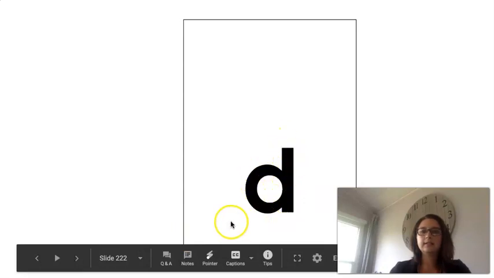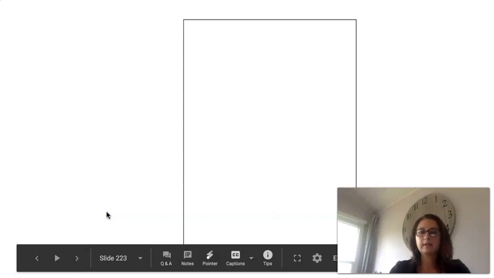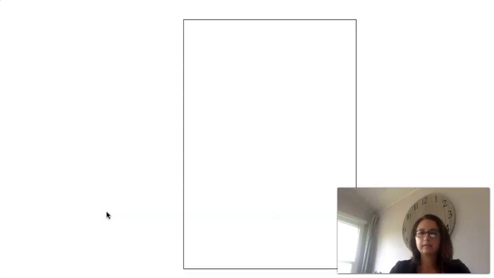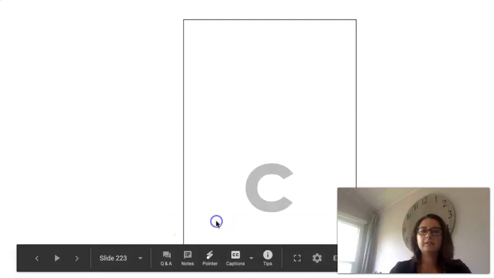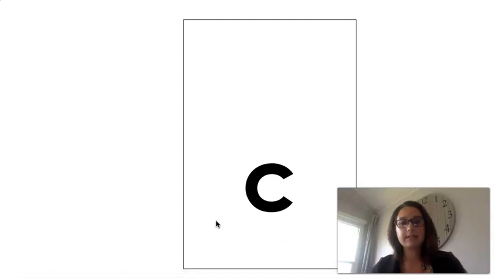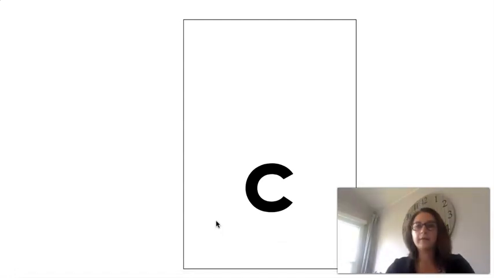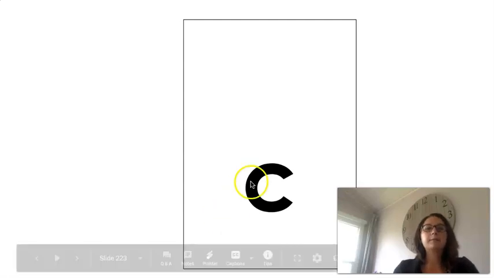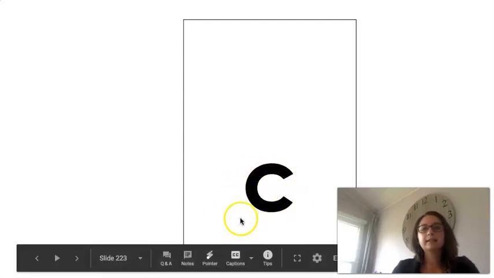D says D. The next sound is K. Did you find the letter C or the letter K? Both make the sound K. Both are correct. But my example here is C says K.